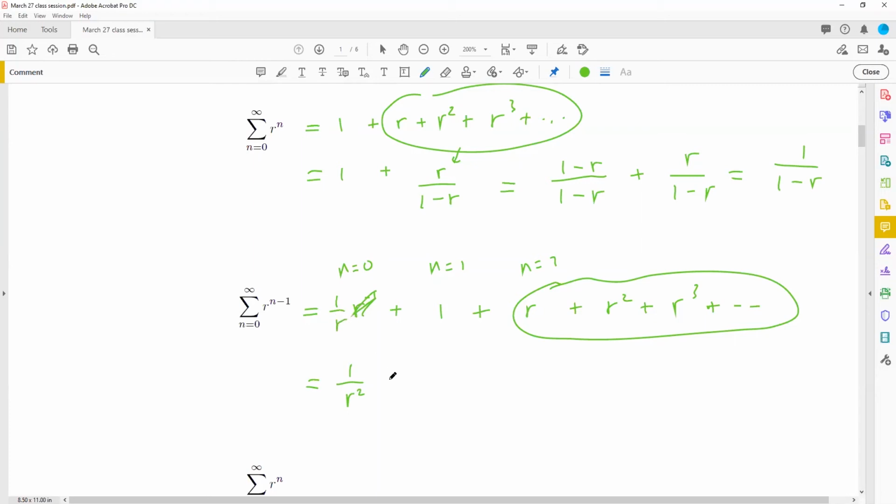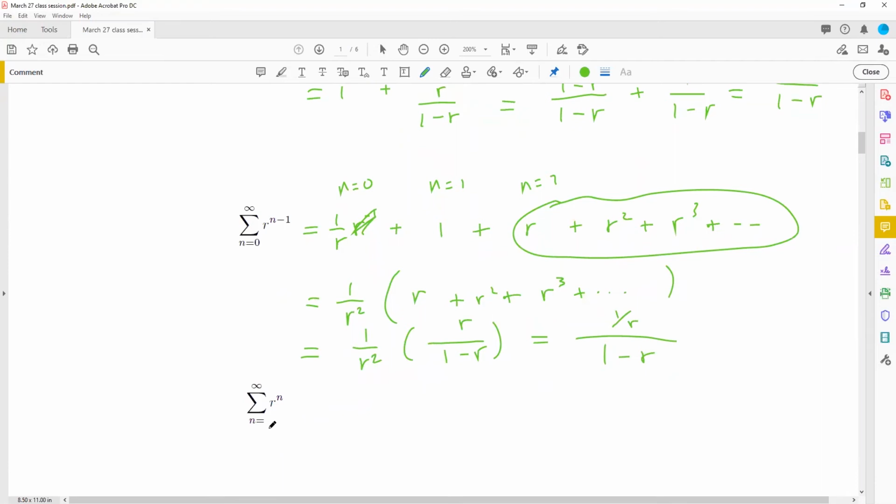So you factor out 1 over r squared, and that leaves you with an r, because this times this is 1 over r. And then all this is r over 1 minus r. So when you multiply these two together, you get that. So that's one way you can do that.